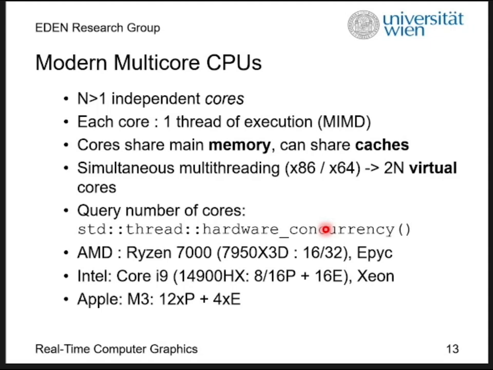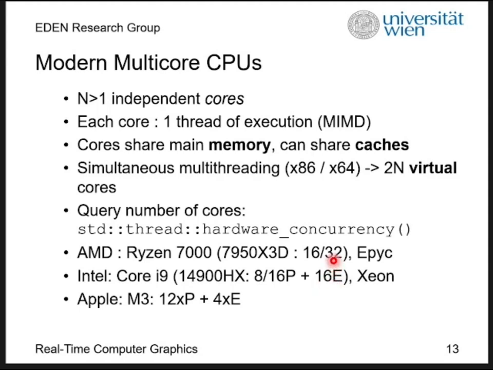Intel has its Core i9 version now, the newest 14th generation 14900HX. It has 8 high performance cores and 16 efficiency cores. And you can see that the performance cores actually can run simultaneous multithreading. So 8 performance cores can run 16 threads, but 16 efficiency cores can only run 16 threads.